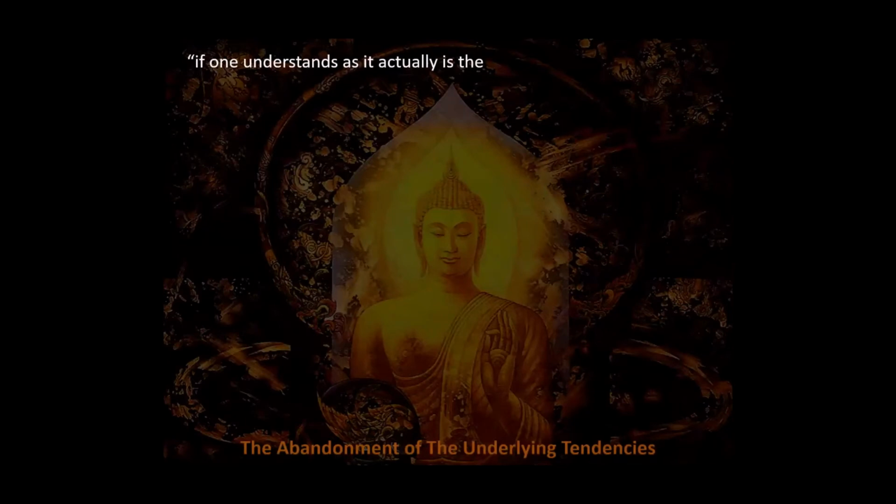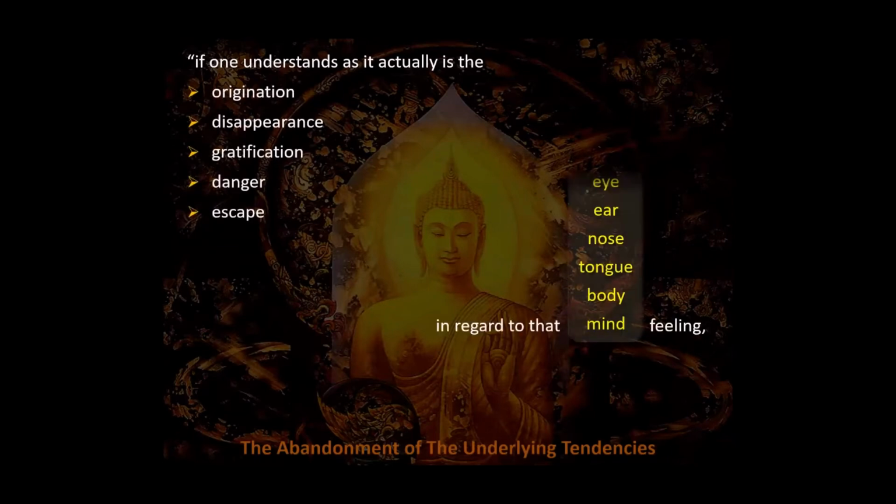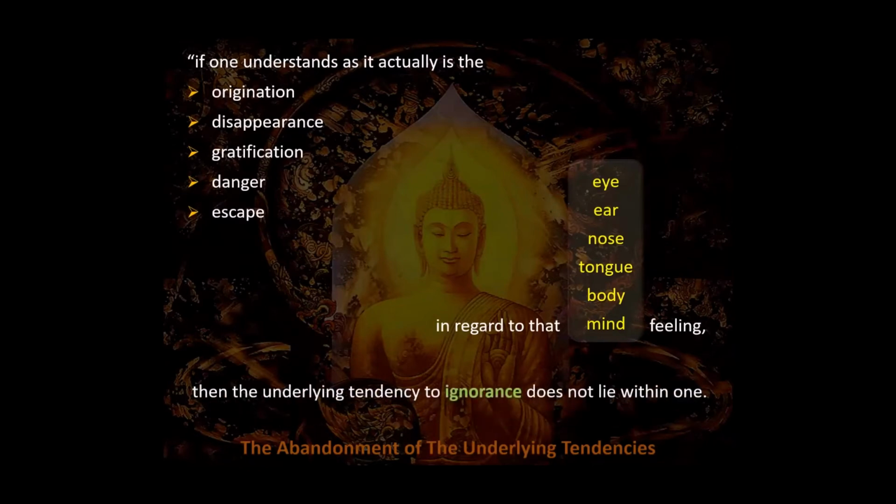Our practice is to understand these five factors as they really are, in regard to all these six classes of feelings, in order to abandon not just ignorance, but also lust and aversion. The Buddha did not elaborate on these five factors, so we will refer to another sutta.